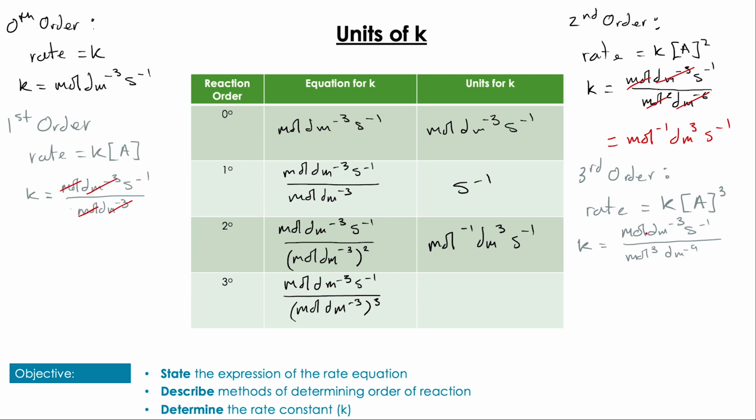So moles divided by moles to the 3 is going to be moles to the -2. Decimeters to the -3 divided by decimeters to the -9 is decimeters to the 6. And of course, seconds to the -1 again. So these represent the units that will accompany a given value of the rate constant with a reaction of each of these overall reaction orders.